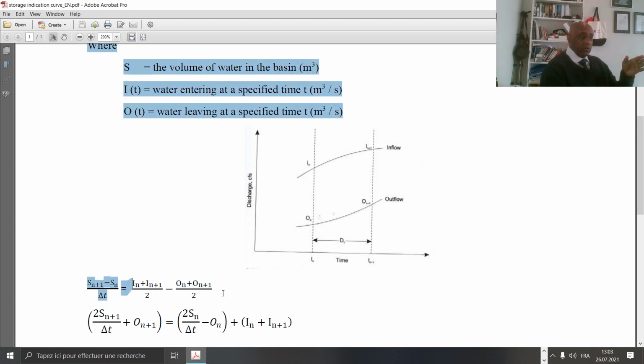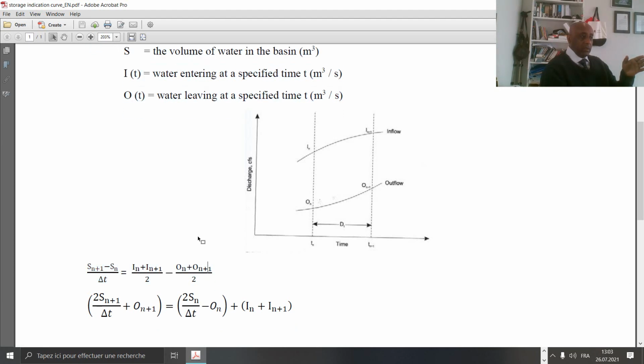So this is the equation, but now we can rearrange the equation in a manner that the knowns are on one side, the unknowns on the other side. Because we have the hydrograph, the inflow hydrograph is known. So inflow n and n plus 1 are known, definitely known.